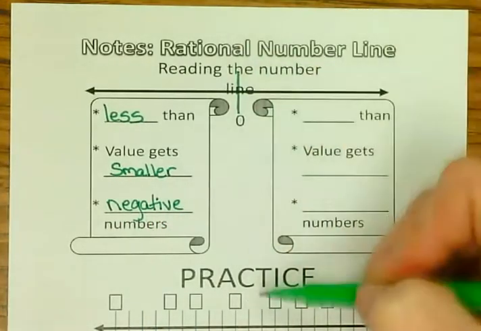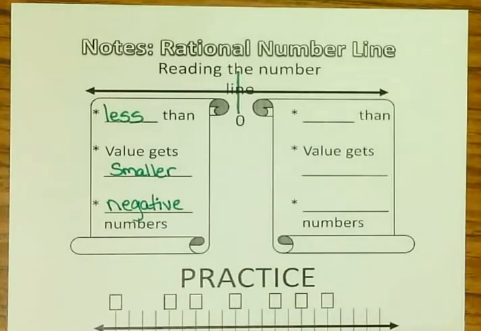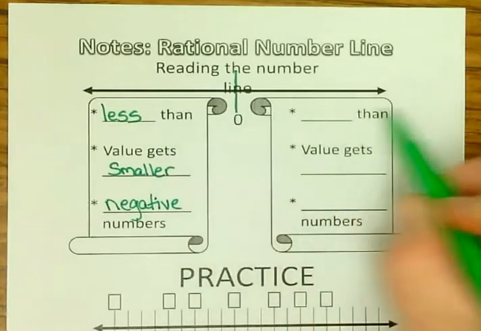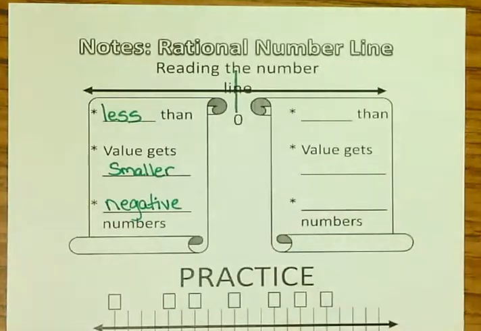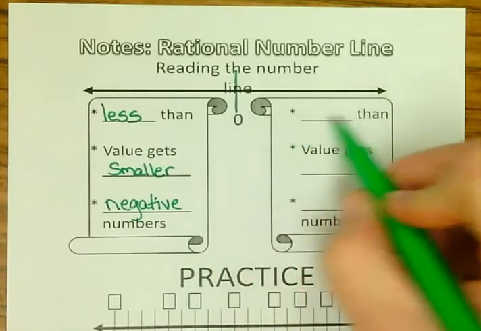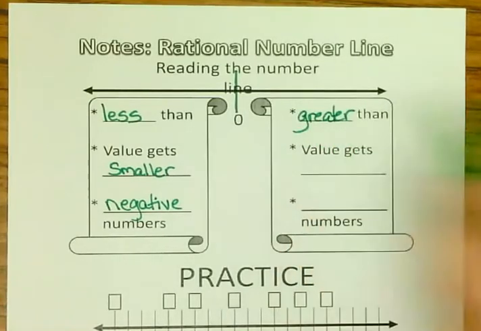So it's like a mirror. Let's say that we have, you know how Alice went through the looking glass and everything was backwards? That's what we're talking about. This is like the mirror image. We have all this stuff and all this stuff, and it's exactly the same, just backwards. So if this was less than, then that means everything to the right of zero is greater than.